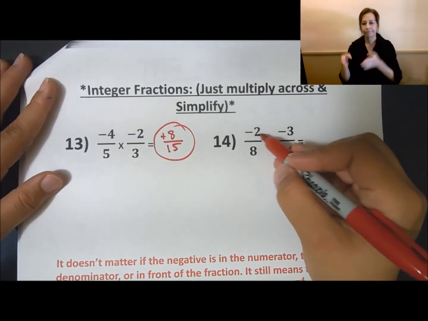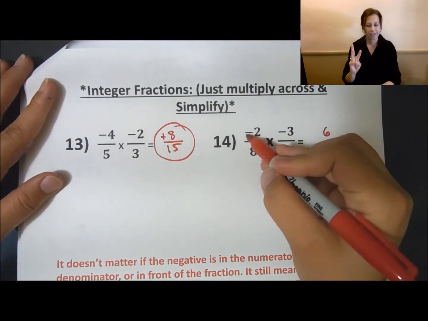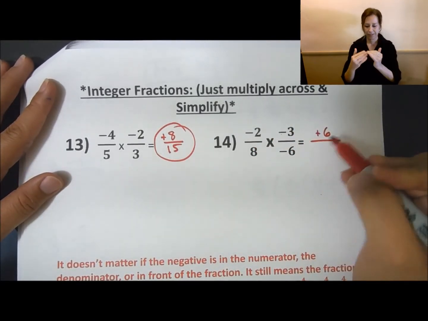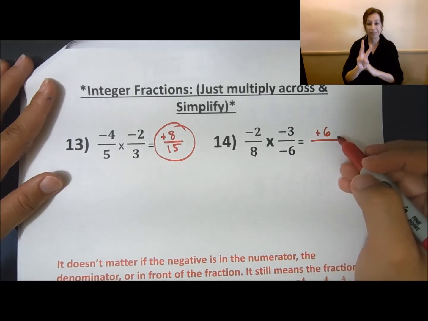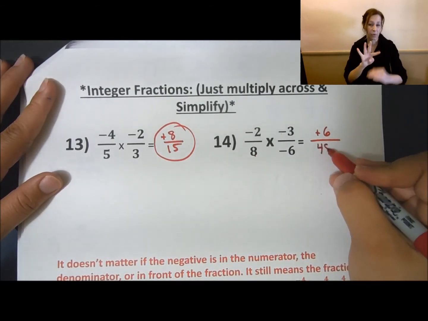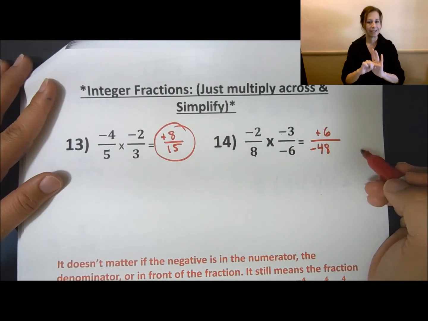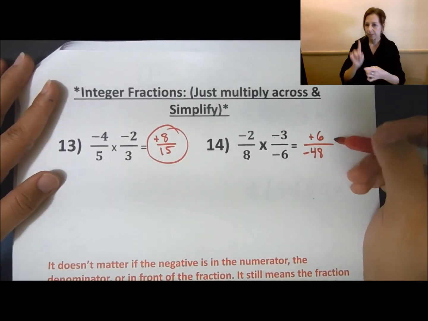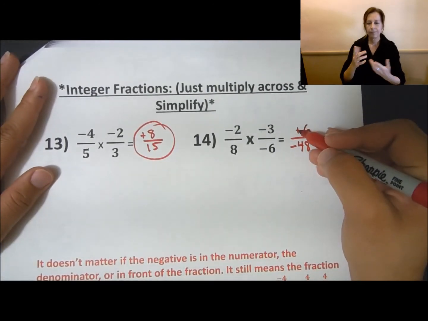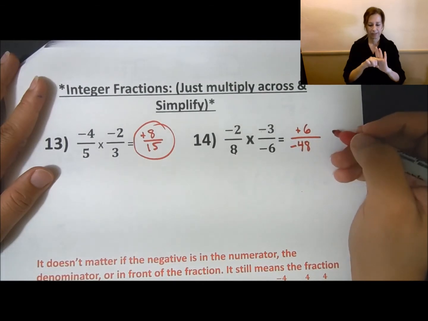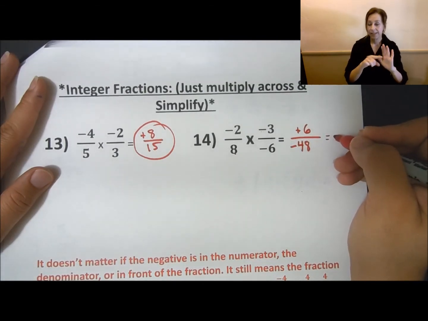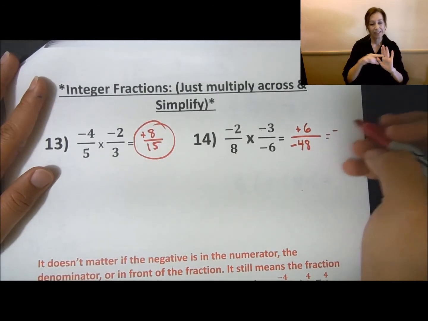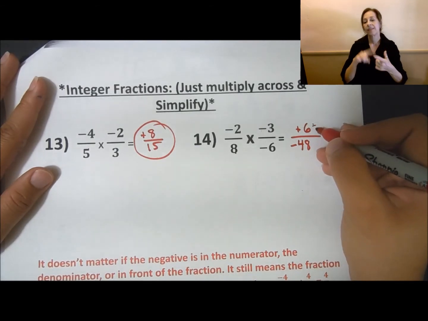Let's look at this one. 2 times 3 is 6. A negative times a negative is a positive. 8 times 6, right? That's 48, but it's going to be a negative. Oh, but I got to simplify. A positive divided by a negative is going to be a negative. Okay, so a negative. And then I need to divide.